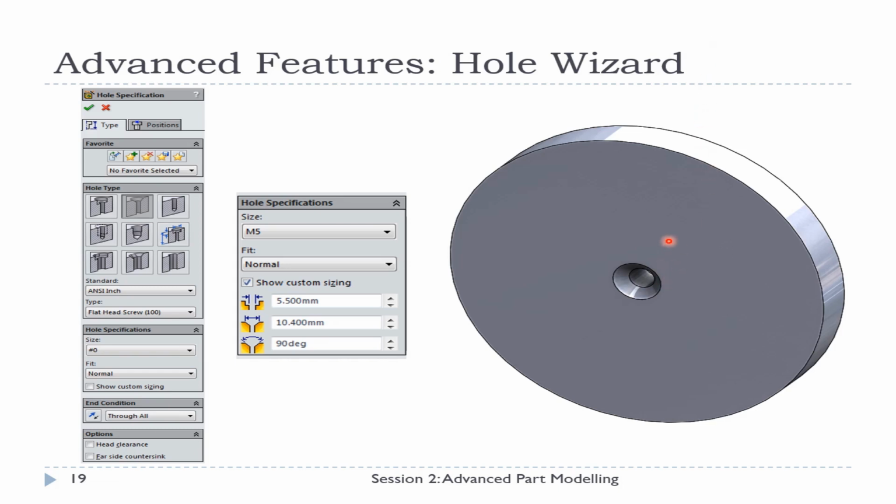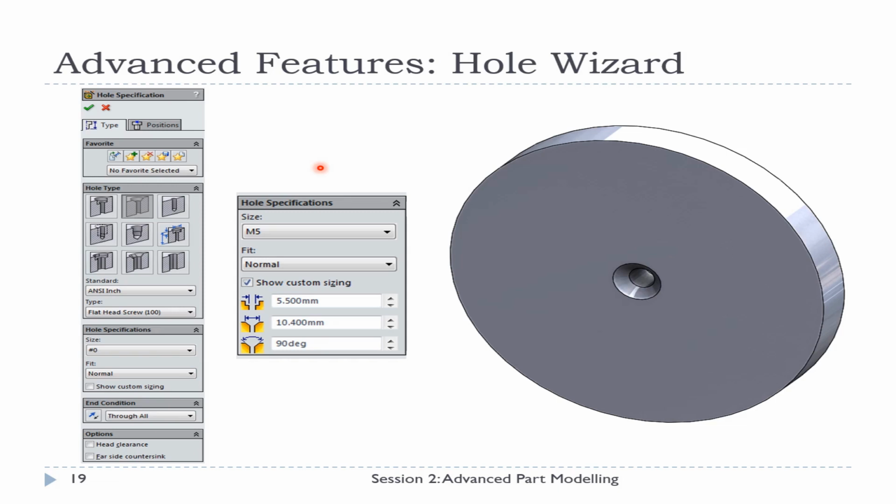So effectively we can create a hole using either cut extrude or revolve cut features. But Hole Wizard feature allows us to make this in a more controlled way and also according to certain standard hole sizes.